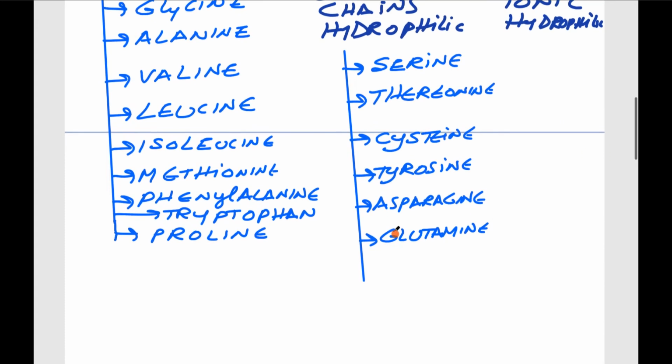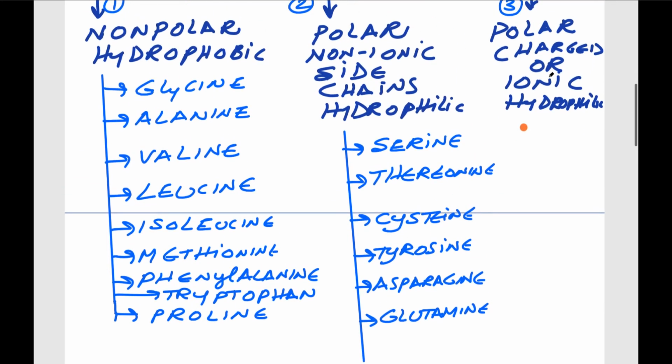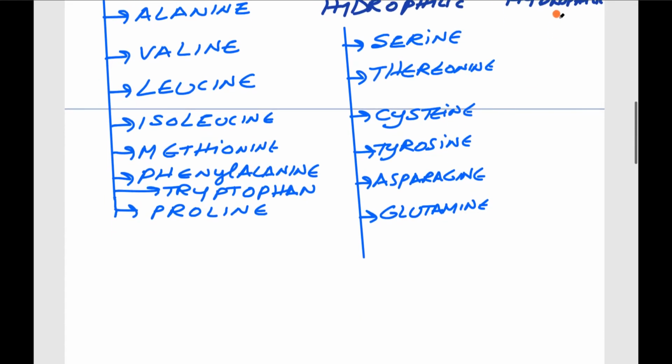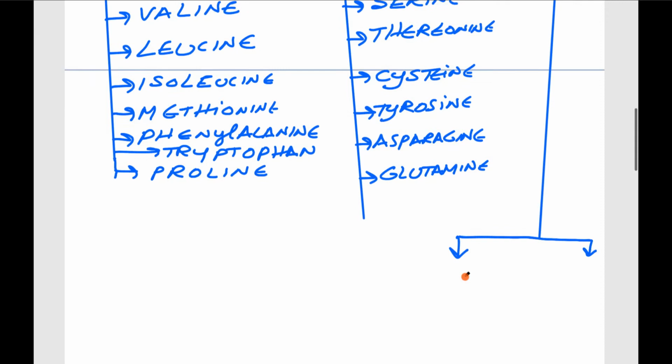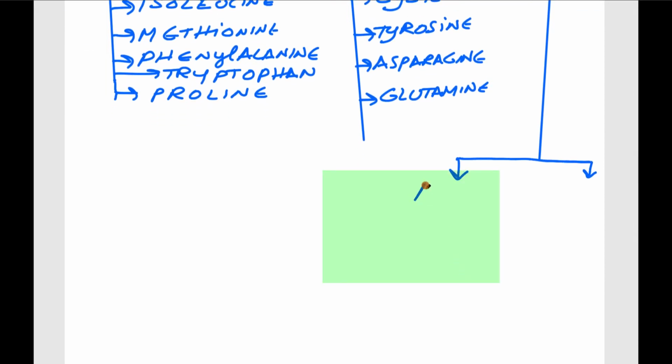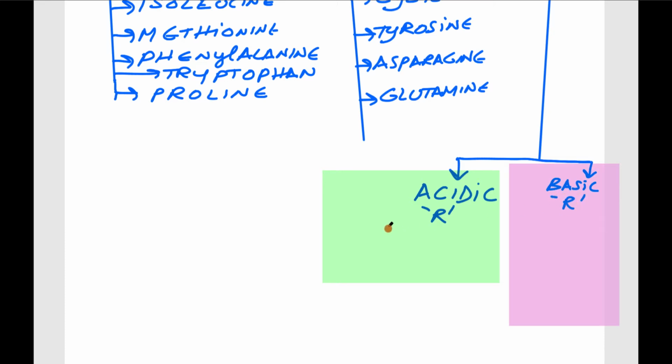Then the next one is the polar charged or ionic, so they are hydrophilic. This is further classified into two. One is acidic R group, and here it is basic R group. So here it is negatively charged, and here it is positively charged.